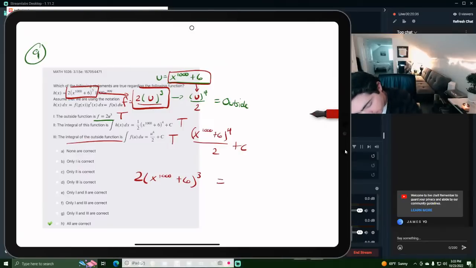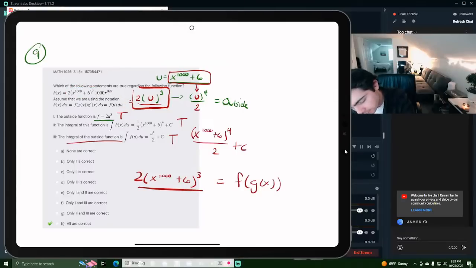So again, they're comparing this down here to f of g of x. So that's where they're saying this is that, and then this 1000 x to the 999 is g prime. It's the derivative of the inside part, g, right there. So I don't know.